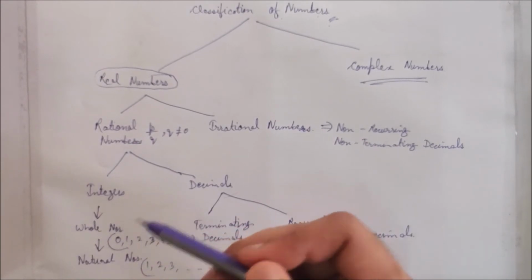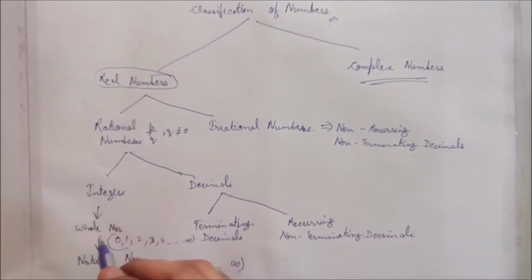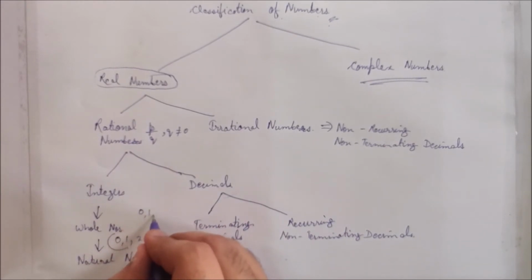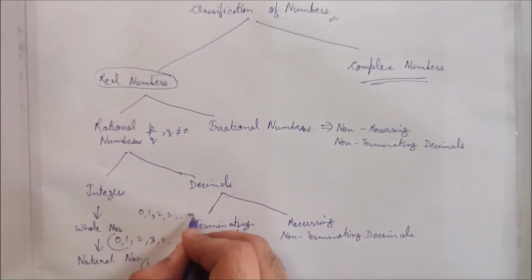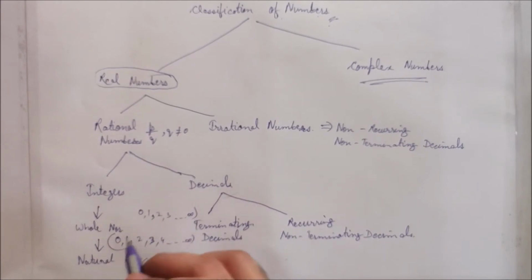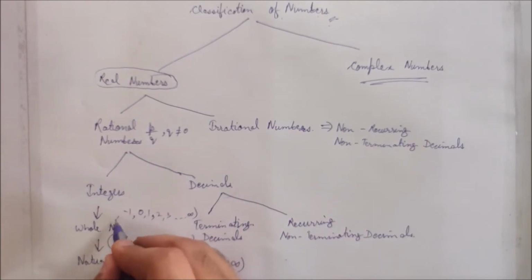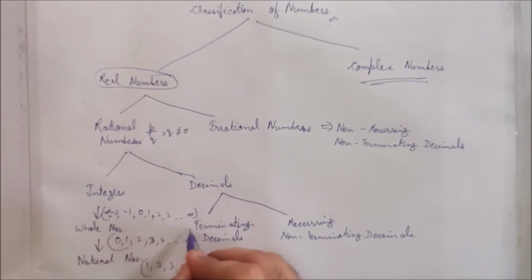So what exactly is an integer? Integers are numbers which include whole numbers. So definitely 0, 1, 2, 3 till infinity are a part of integers. What's unique about integers is that they can be negative as well, negative in magnitude. -1, -2 till minus infinity.